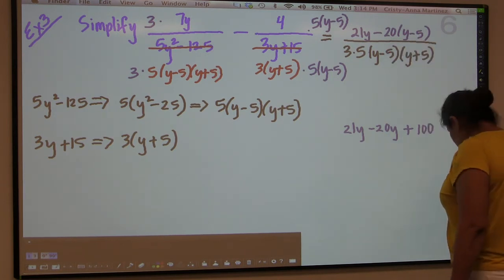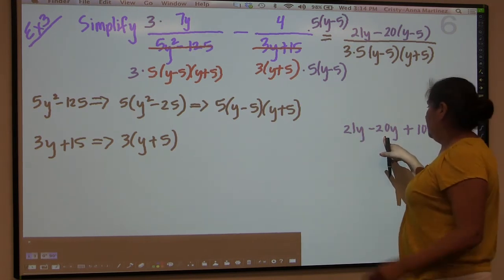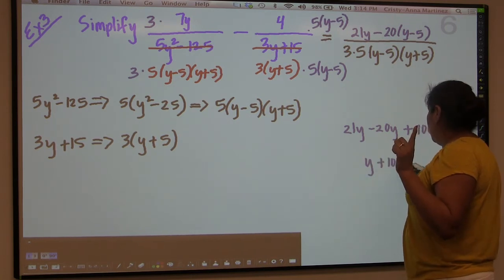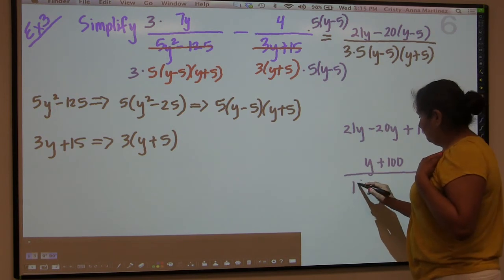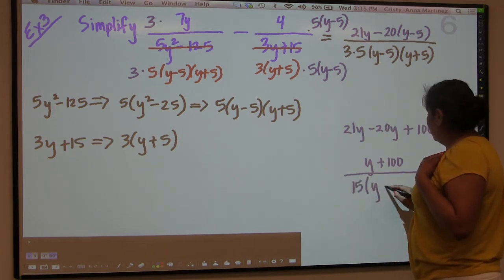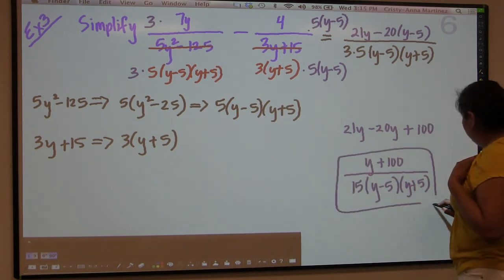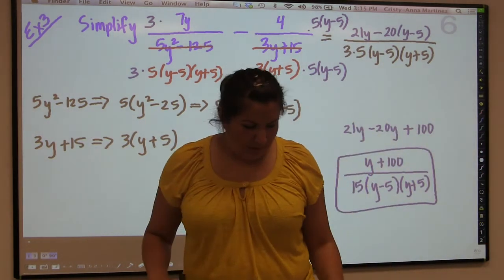All right, so we can combine 21y minus 20y is just 1y. So now we have y plus 100 on the top. And on the bottom, 3 times 5 is 15 times y minus 5, y plus 5. And this is the simplified result of the subtraction that we have there.